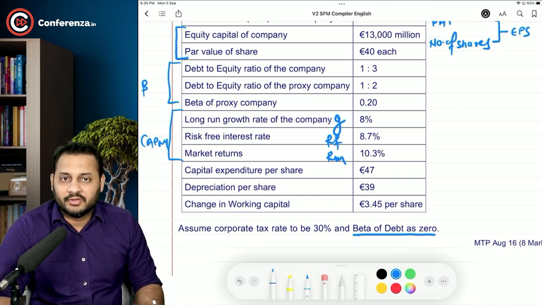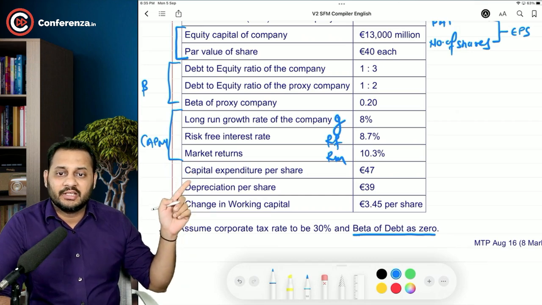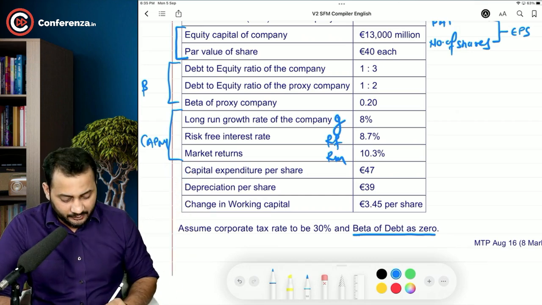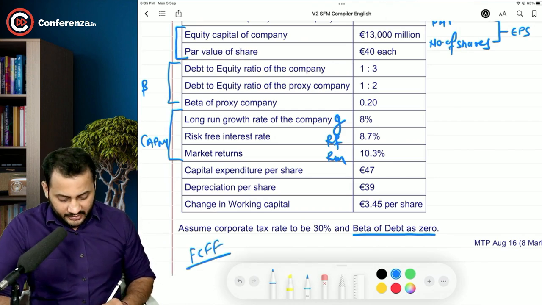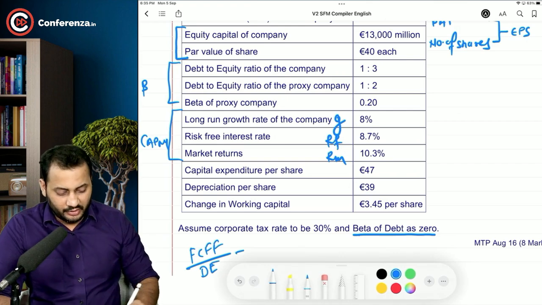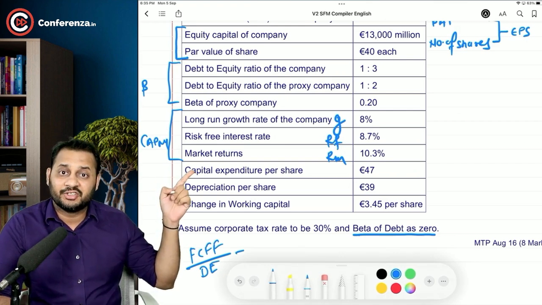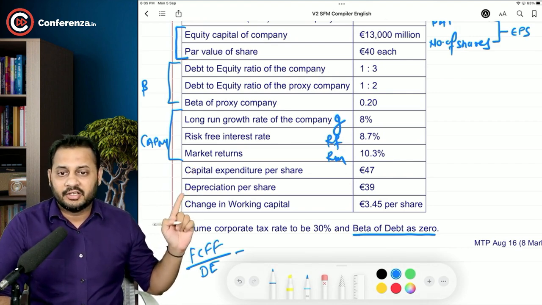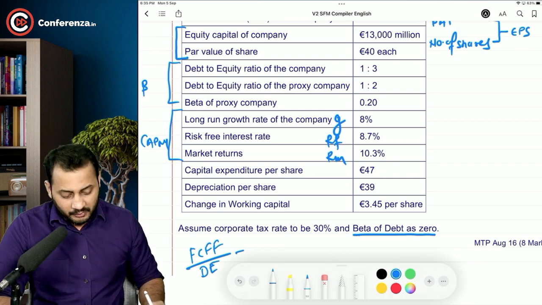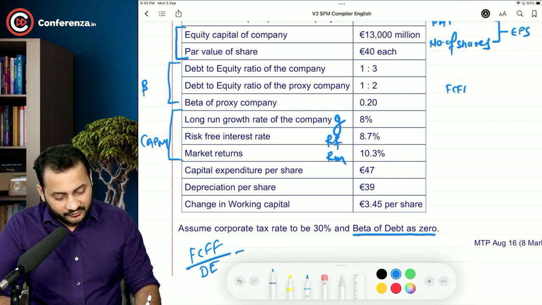But understand one thing. In the previous question, you used these figures, capital expenditure, depreciation, and change in working capital, to calculate the free cash flow to firm. At that time, it included debt and equity both, and that's why you could deduct the capital expenditure entirely, 47, add depreciation entirely, 39, and deduct this change in working capital. But now you are only calculating FCFE.